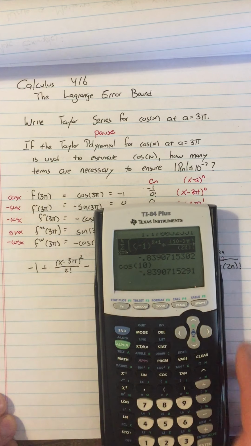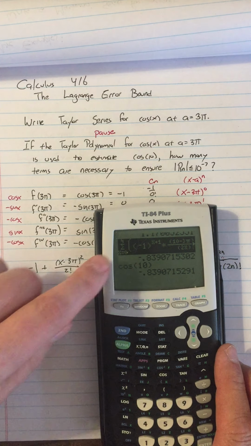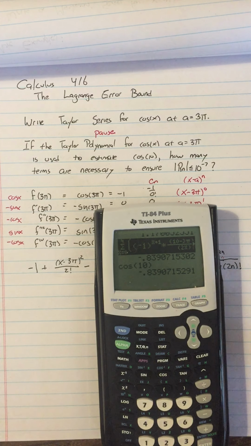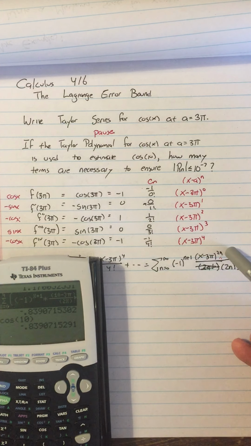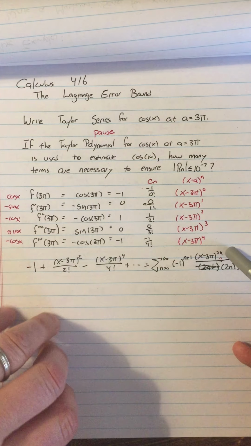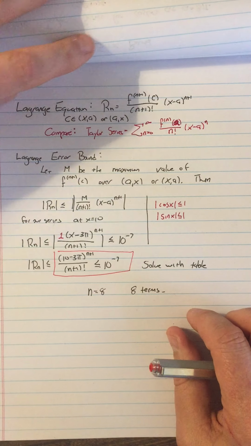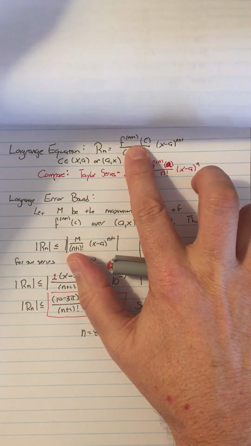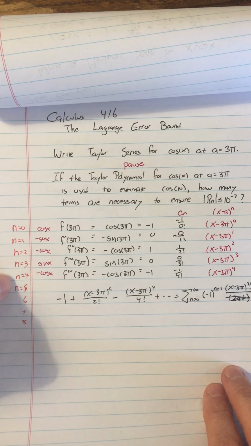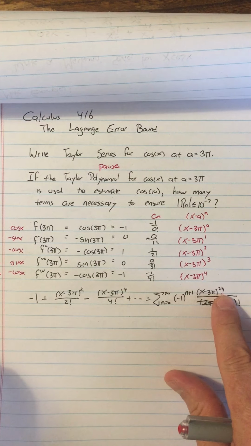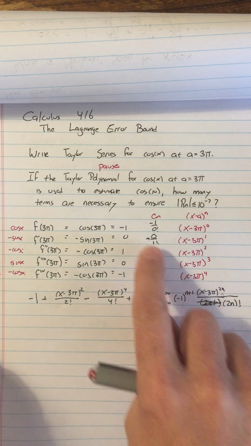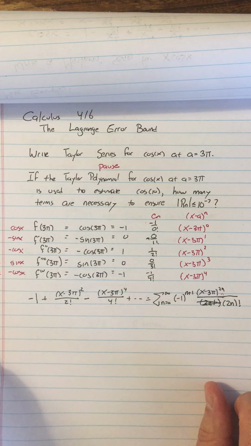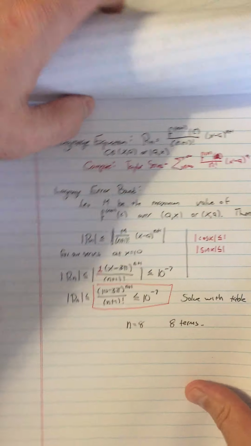I set my sum to be n equals 0 to 4 instead of 0 to 8, because once I get 4 here, then my 2n right here is going to be 8. When we talk about the n in this equation, it's the original n. Essentially, we modified the n here in order to drop out all the 0 terms. So watch for things like that.